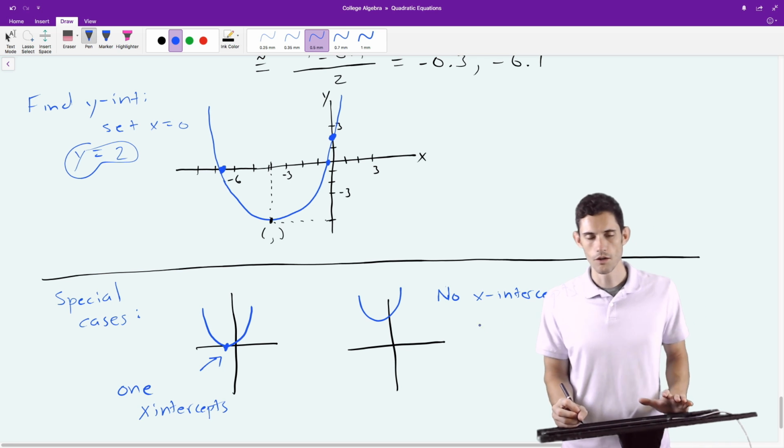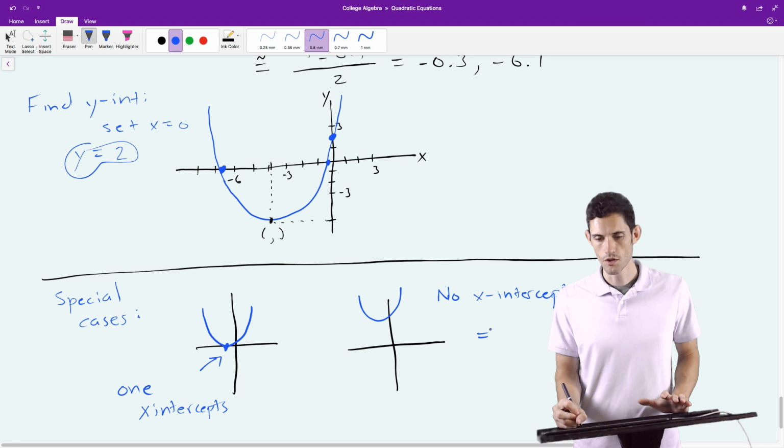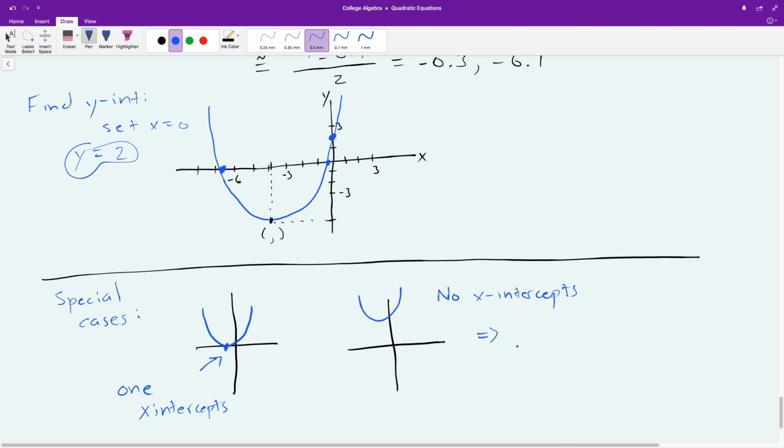So how you're going to know that this happens is you try to solve for the x-intercepts, but you get x is an imaginary number. So this is the x-axis here.